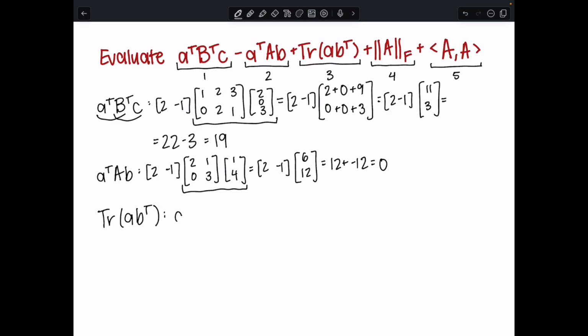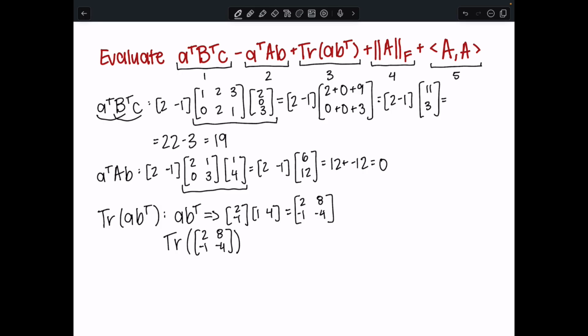So first, let's get AB transpose so we know what to take the trace of. 2 times 1 is 2, 2 times 4 is 8, 1 times negative 1 is negative 1, and this is negative 4. So now, if we take the trace of this, that will be 2 plus negative 4, and that will be negative 2.